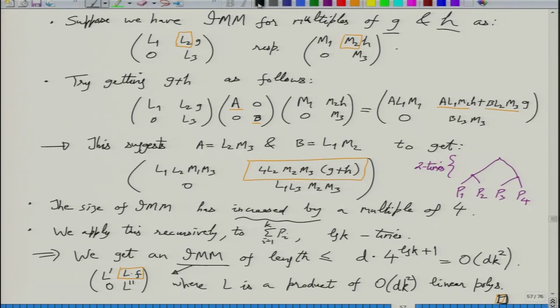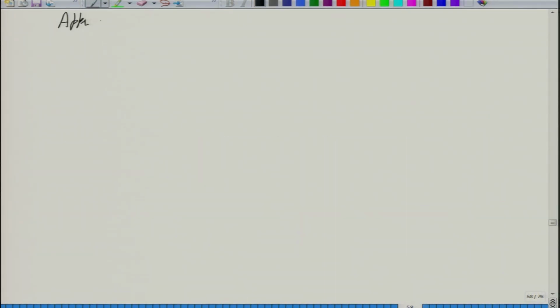So I'll just continue with a recent result of Wit2, but the model will be slightly different than what we have been doing till now in the course. It will be approximative computation.